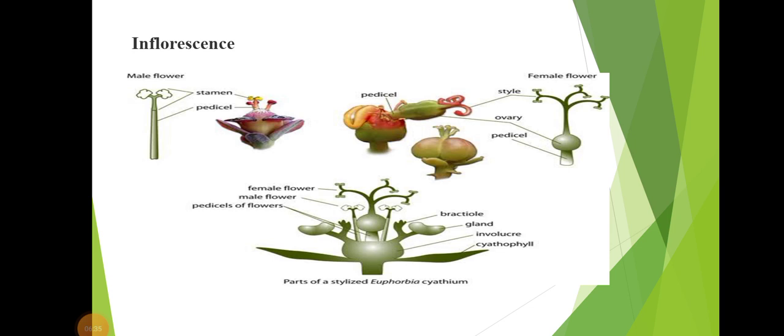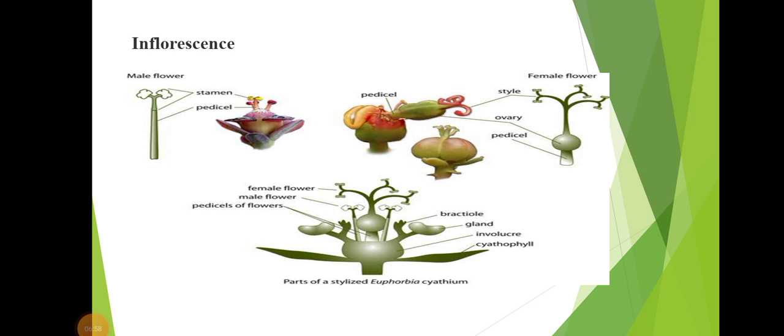Then if you see the inflorescence of this Euphorbiaceae family, this diagram shows male flower, stamen, pedicel, and here on the right side pedicel is there, and female flower is there.